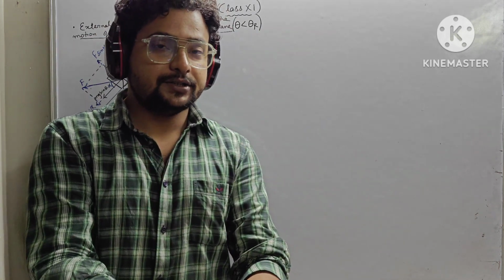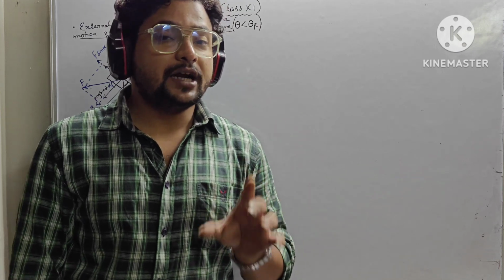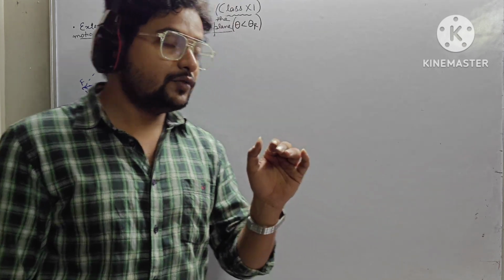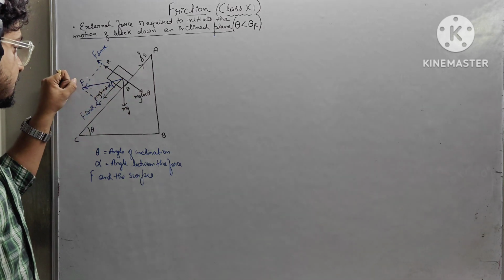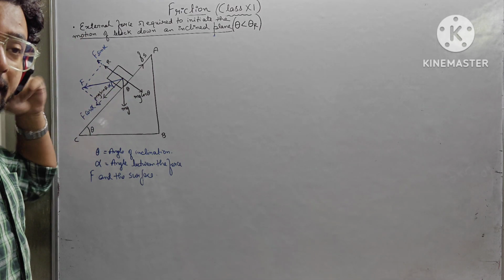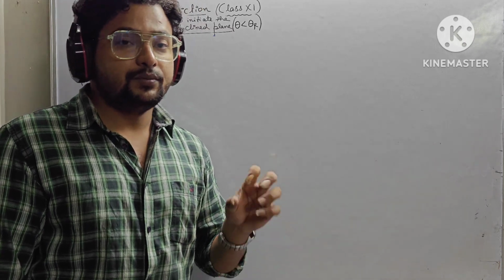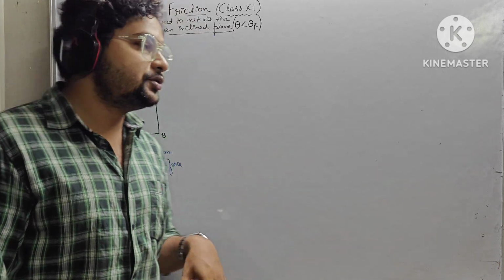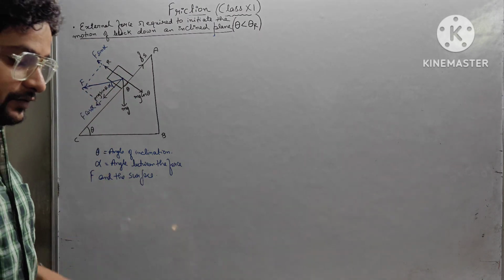The block has not yet started falling. The block is still over here. I have applied the force. But over here I am just going to find out how much external force is required for the block to come down. I am not considering the acceleration of the block in this particular video.